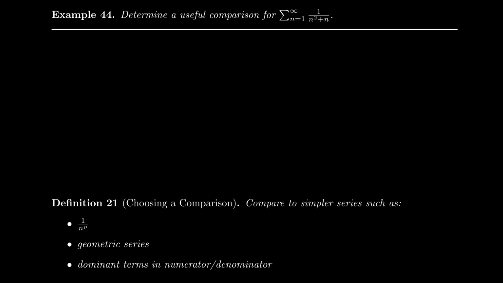And, well, if we factor the denominator, we get n squared plus n equals n times n plus 1. And so we might think that when n is getting really, really big, the dominant behavior as n goes to infinity, this n squared term is going to be much bigger. So maybe 1 over n squared might be what we want to compare it against. So we ask the question, do we know anything about 1 over n squared?